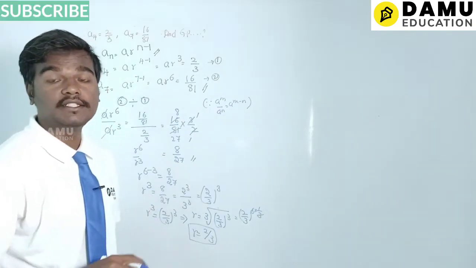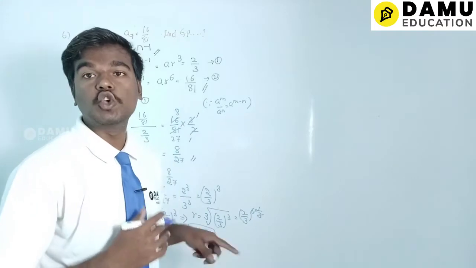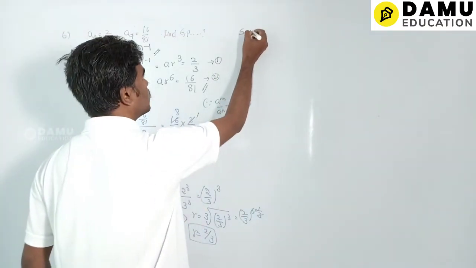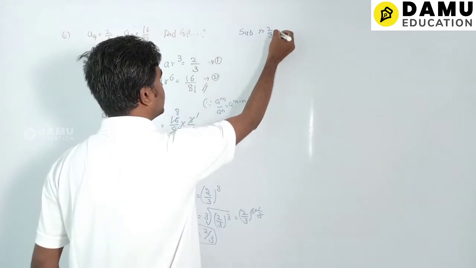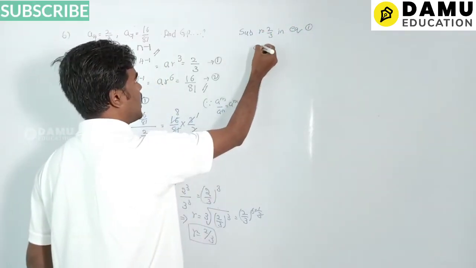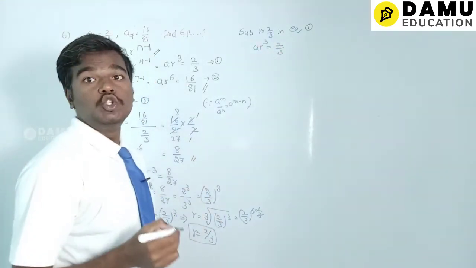Now we have to find the first term. Let's substitute r equal to 2 by 3 in equation 1. Equation 1 is a r cube equal to 2 by 3.